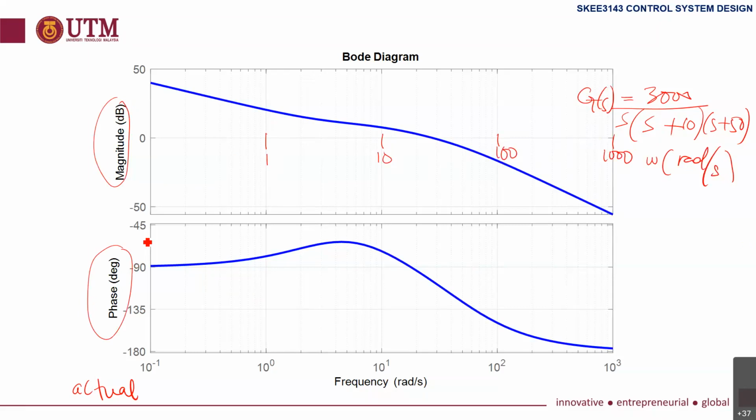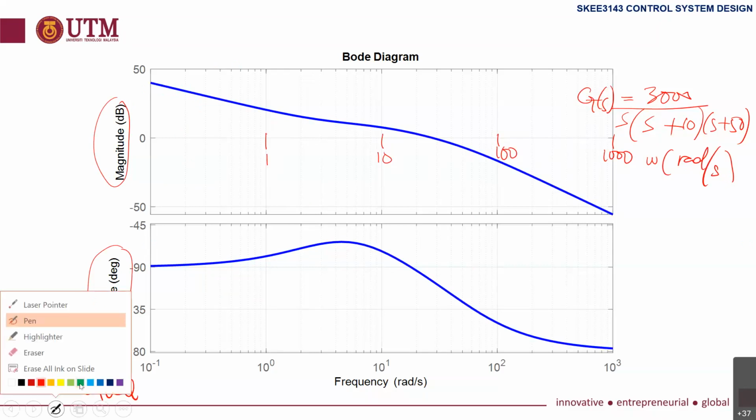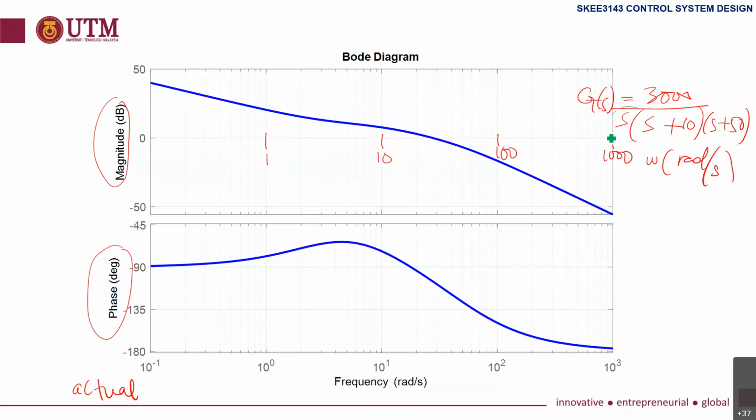Okay. We can see that the magnitude goes like this because of 1 over s. Here 1 over s, it will start at minus 20 dB per decade.